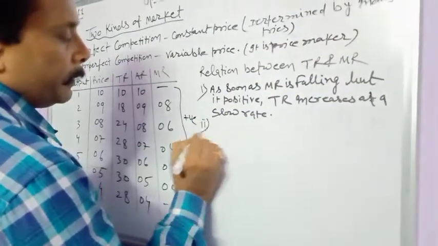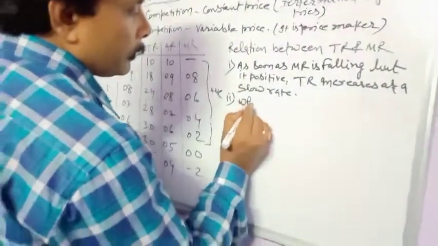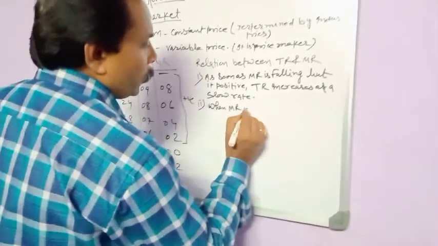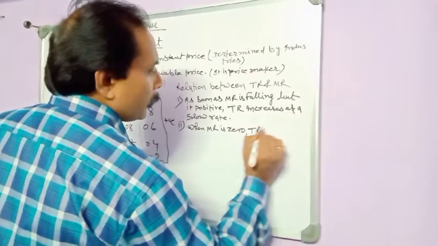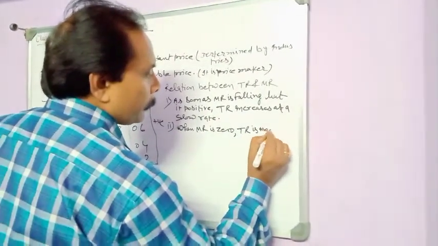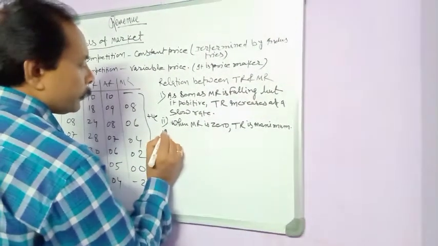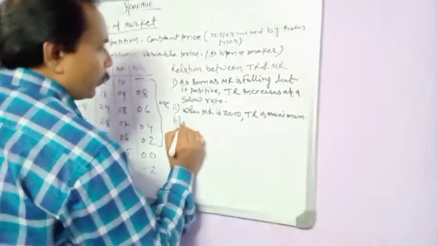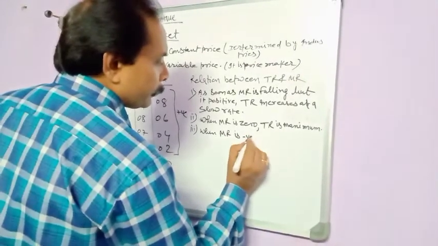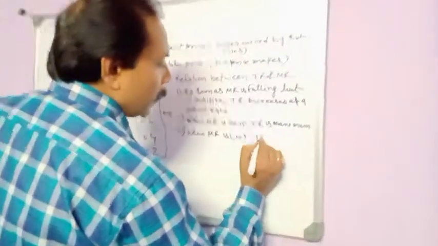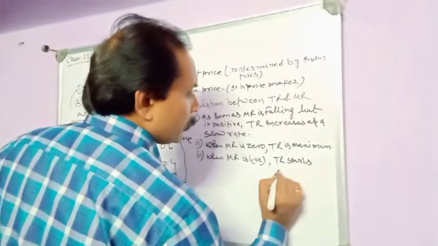Second, when MR is 0, TR is maximum. Third, when MR is negative, TR starts to decline.